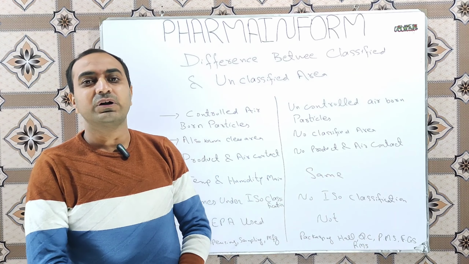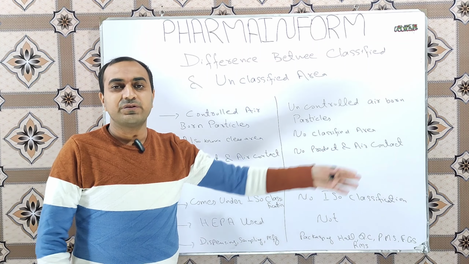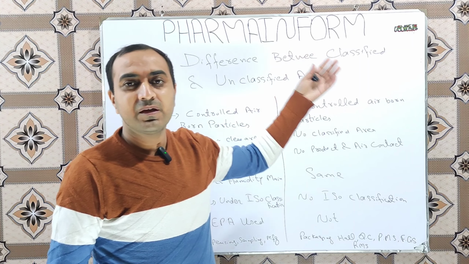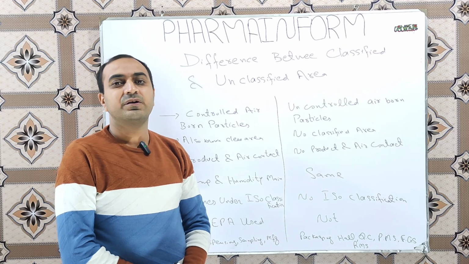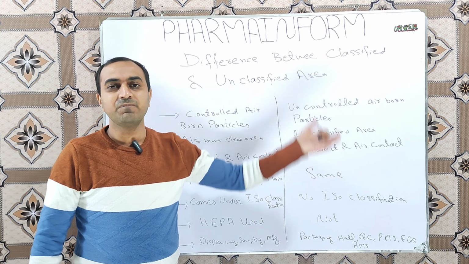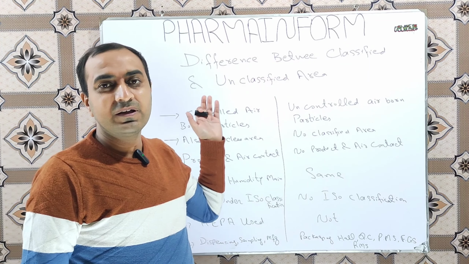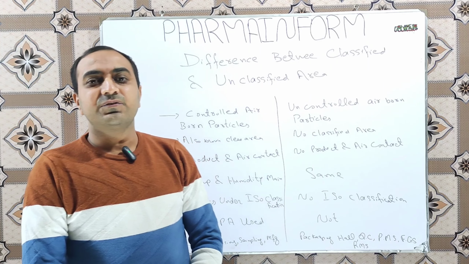So RMS also comes under the non-classified areas. Finished goods store and packaging material store all come under the non-classified areas, and the quality control lab also comes under the non-classified area. So it was all about the difference between classified and unclassified areas.